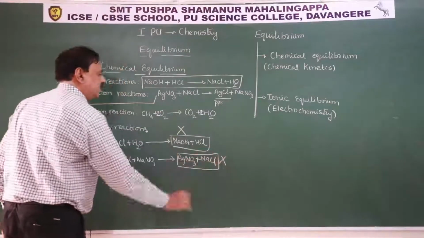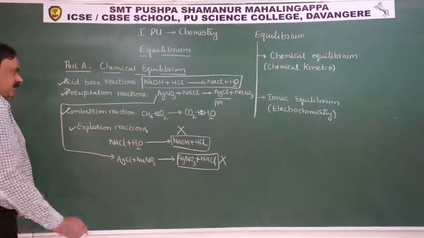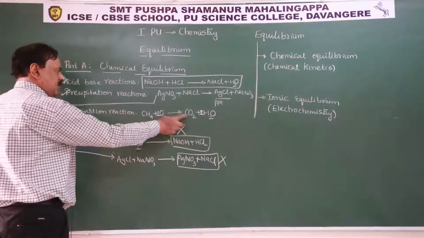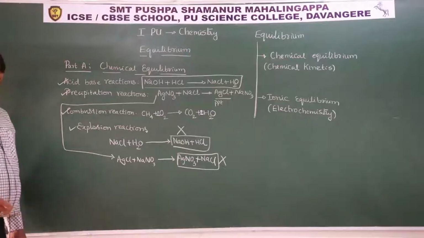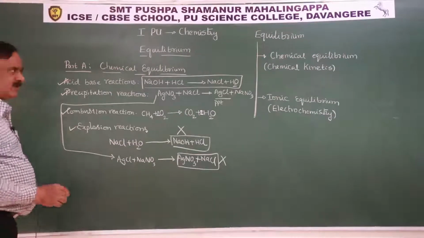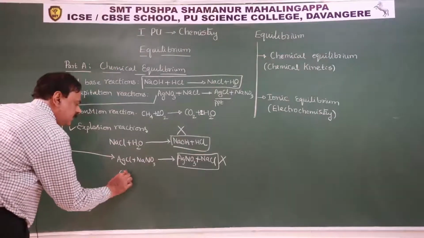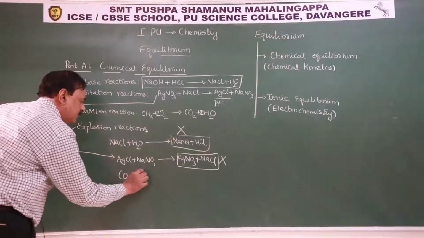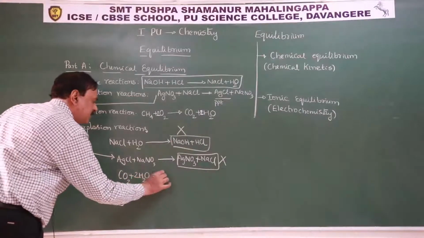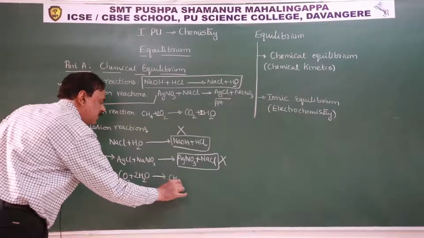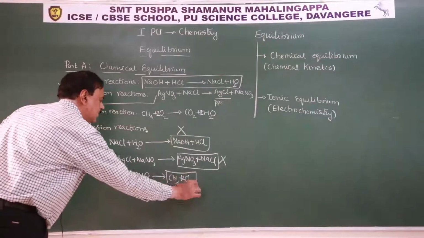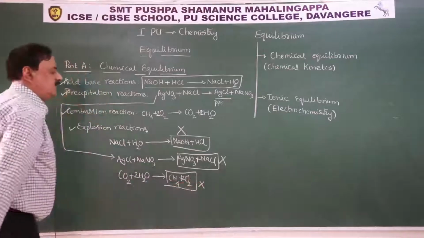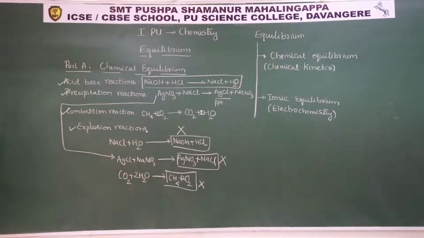Whereas the combustion of methane gives rise to carbon dioxide and water. But when carbon dioxide and water mix, they do not give rise to methane and oxygen. This reaction is not possible.